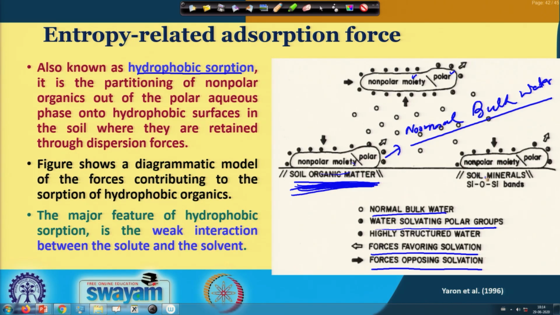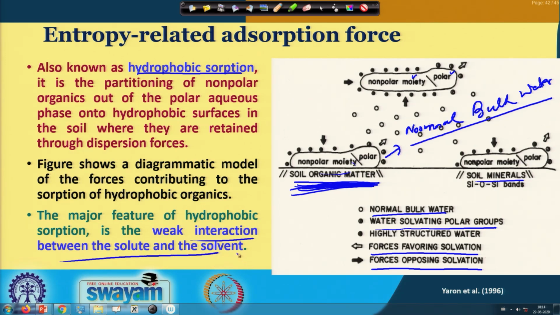Also, you can see similar things in some soil minerals, where the nonpolar moiety will be adsorbed, and the polar phase will try to go out and favor the solvation process in the polar aqueous phase.